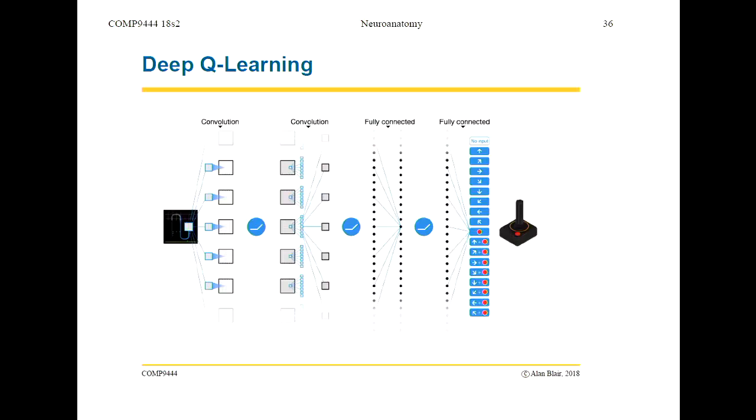You're just given a sequence of screenshots, and you have 18 possible actions. The joystick can be in 9 different positions, and you can press the button or not press the button. So there are 18 possible outputs, and we'll be looking at deep reinforcement learning methods where, just from observing the sequence of inputs and monitoring the score that you're getting, you can learn to choose actions in a way that will maximize your score.